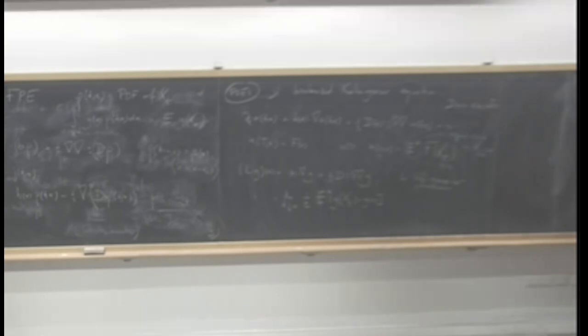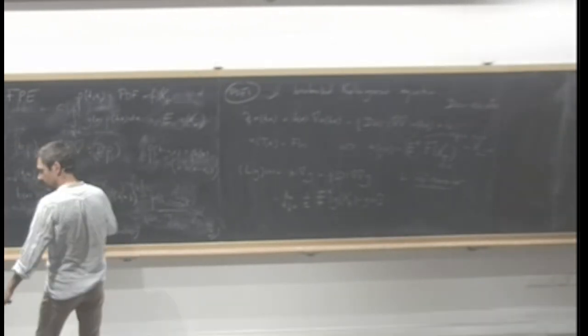You can also show from this equation that rho remains positive at all times. So it's a PDF. Okay? It's a PDF, and the way the PDF moves is by this current. Okay, so now, where is this?